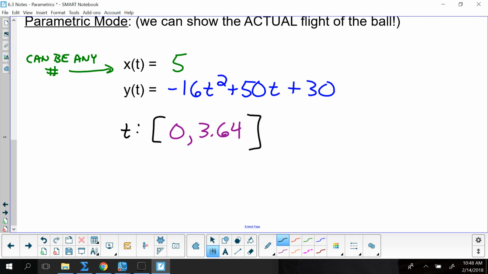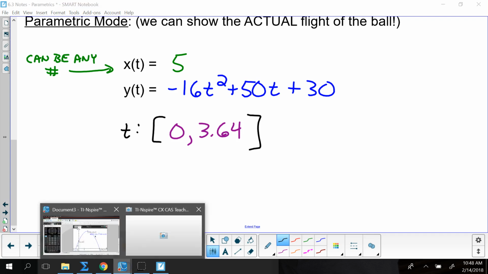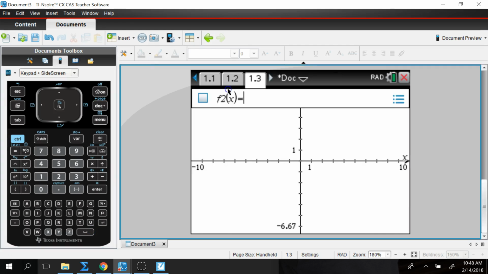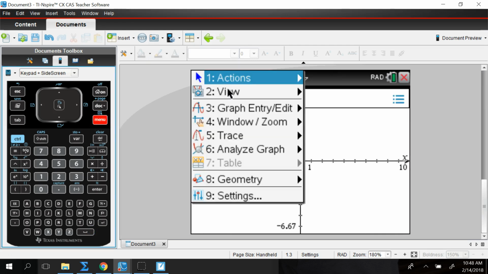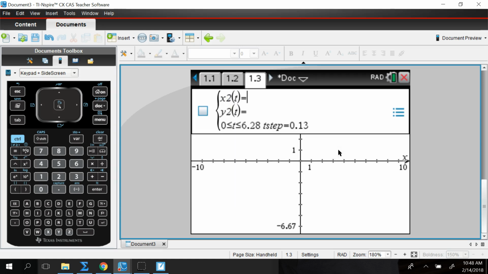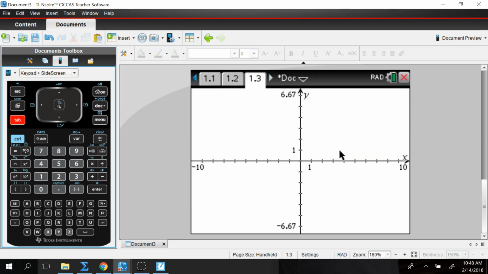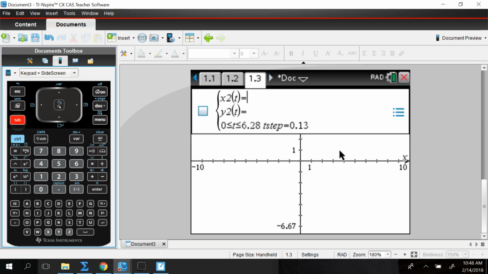All right? Let's make that bad boy now. Okay? So now I got to make another page, a graph. I want it to be a parametric. Whoa, tap the brakes. It's working. Okay? We said 5 there, right? Or any number we wanted there.